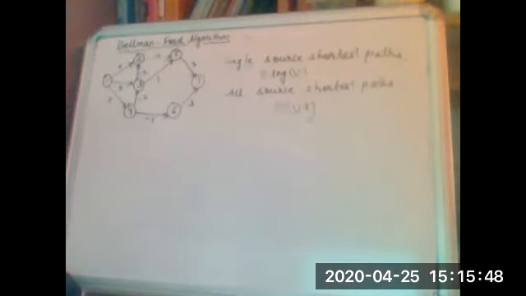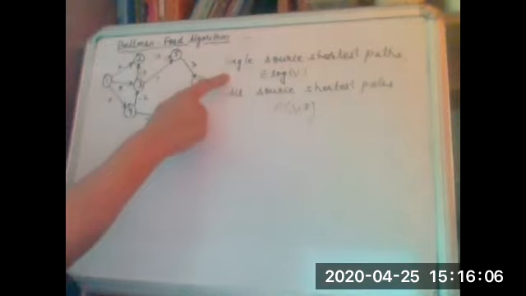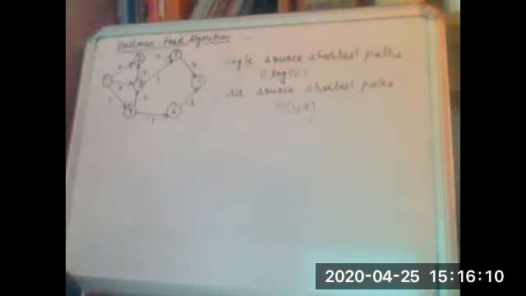That means we are going to take a sequence of decisions, deciding one by one, for a single source shortest path, where we need to move. In this case, the single source is the node that has no input edges, only outgoing edges.